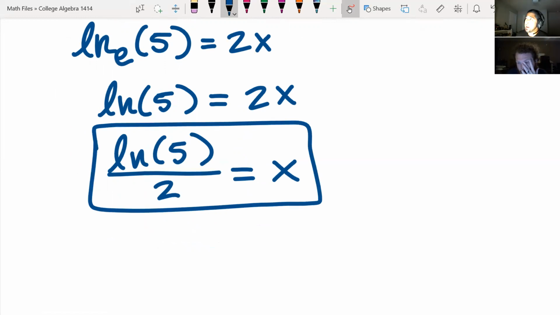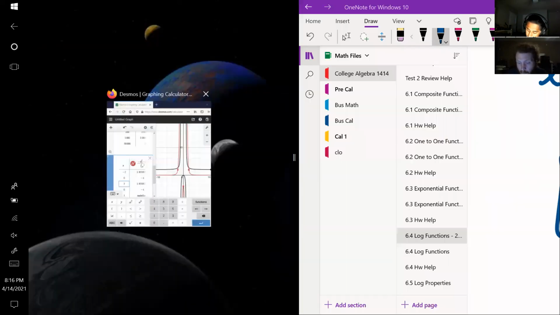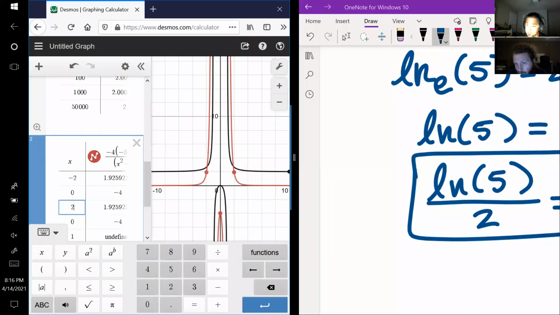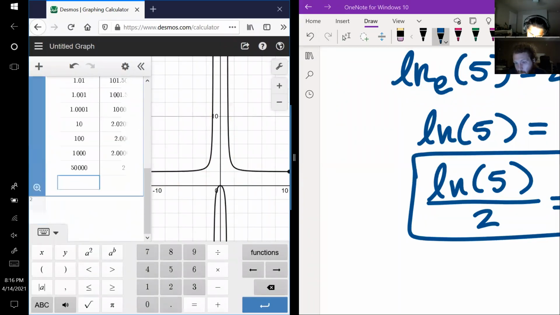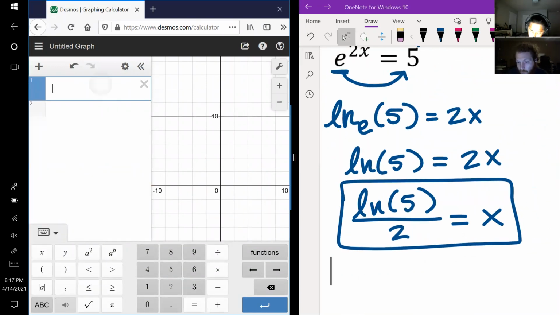Now, if MyMathLab wants a decimal number, well, let's see how to type those in. Desmos. Okay. So typing these in, I'm just going to type it in just like I see it.